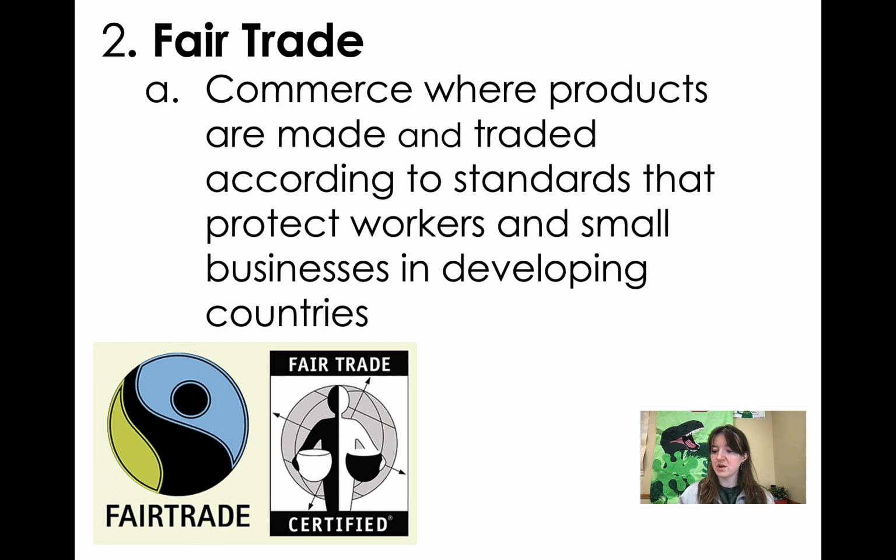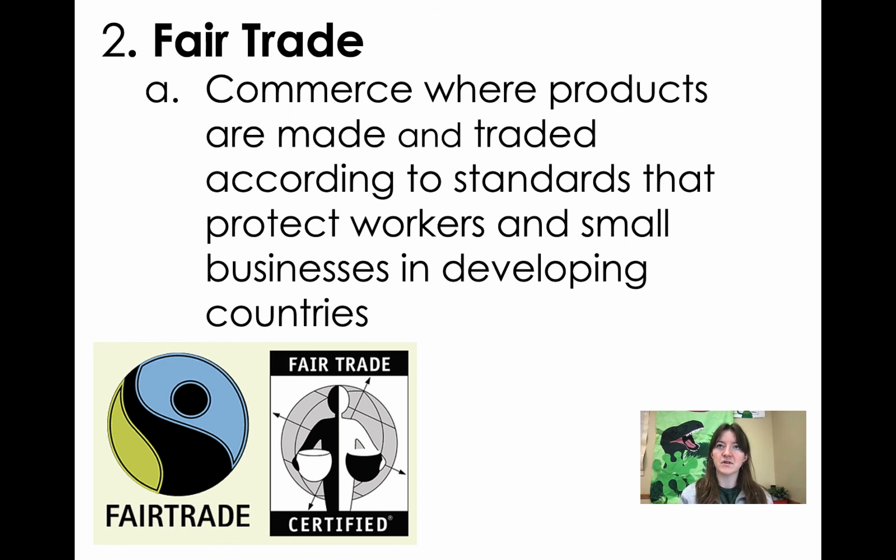So with this idea of exploitation, we have this concept, and we talked about this with agriculture, called fair trade. And you will often see one of these symbols, especially this one right here, the little black and white one, on certain goods. Particularly, some of the ones that we really see are chocolate and coffee, also tea.